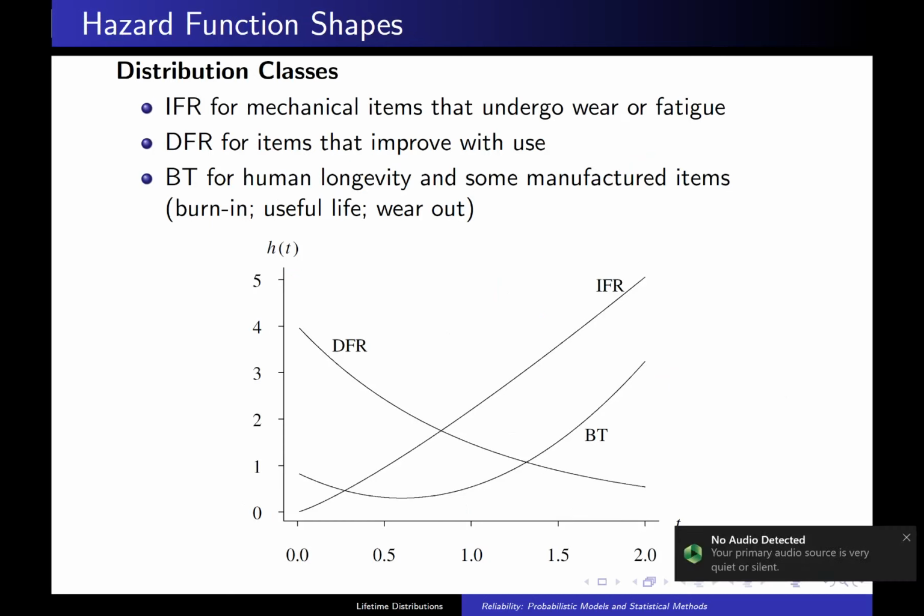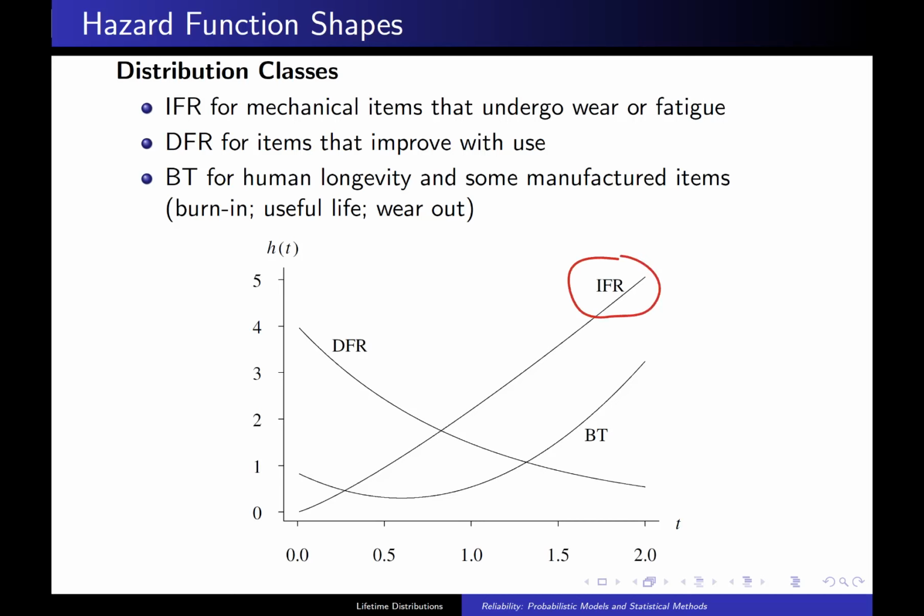More generically, here are some hazard function shapes which show up from time to time. And the first one is IFR, and that's where you have a hazard function which is increasing, and that typically applies to mechanical items that undergo wear or fatigue.